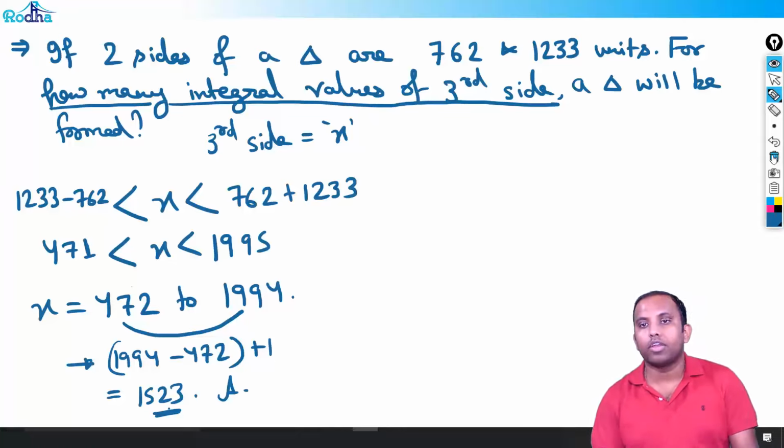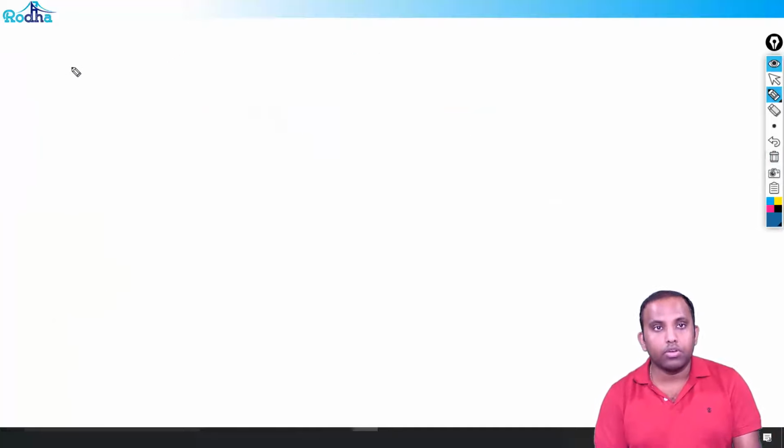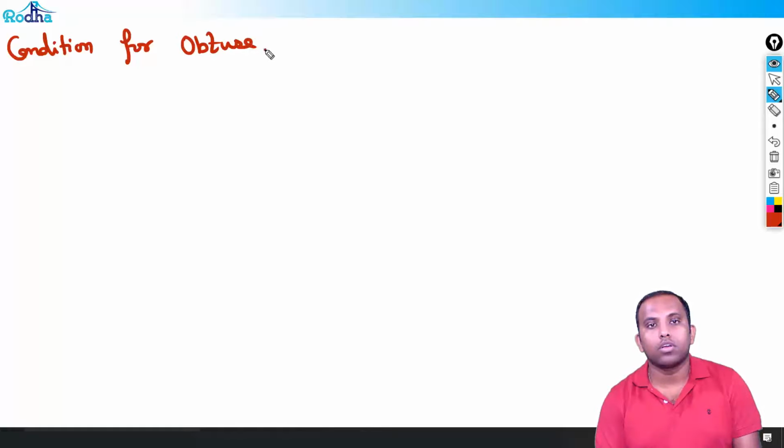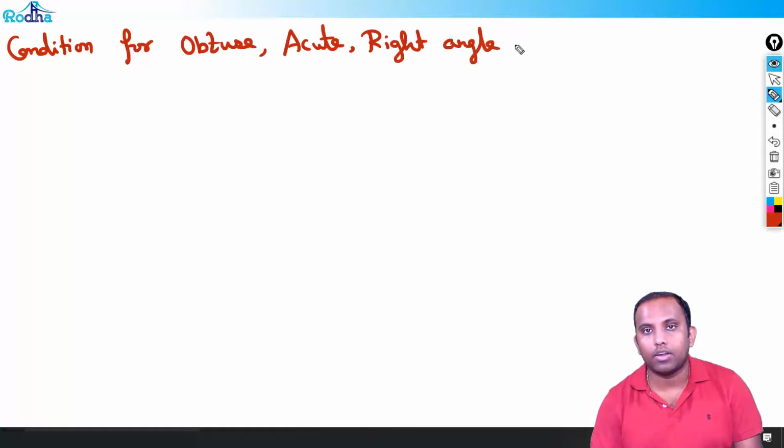Fine. Now next one. How do we categorize, for given sides, whether the triangle is an obtuse angle triangle or an acute angle triangle? So first we can give the heading: condition for obtuse, acute and right angle triangle.